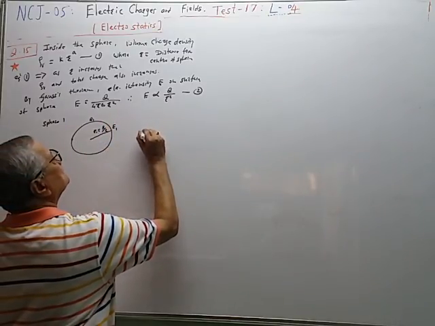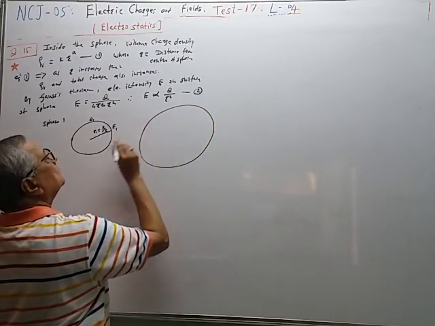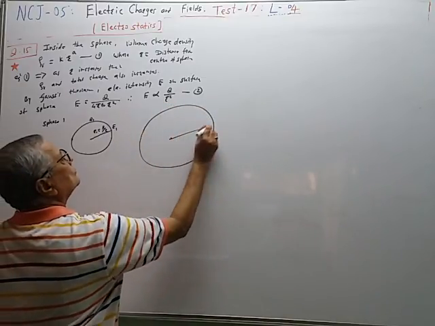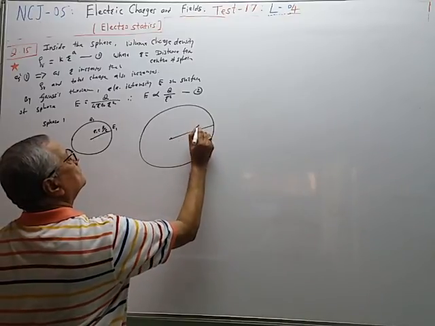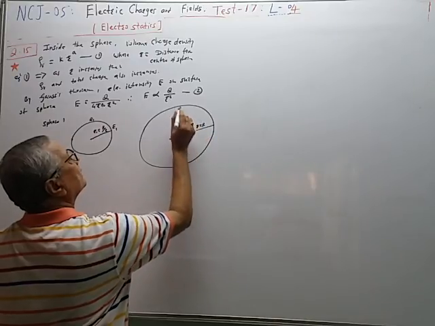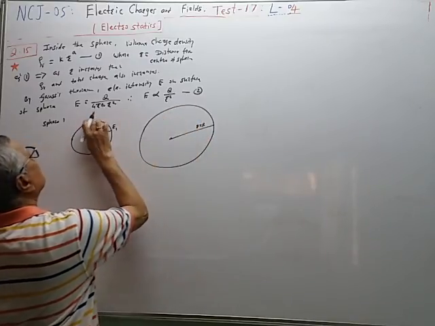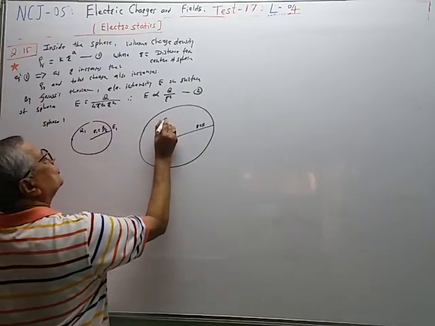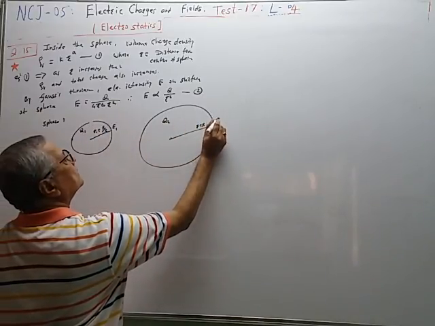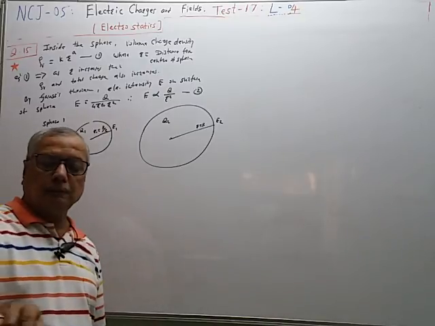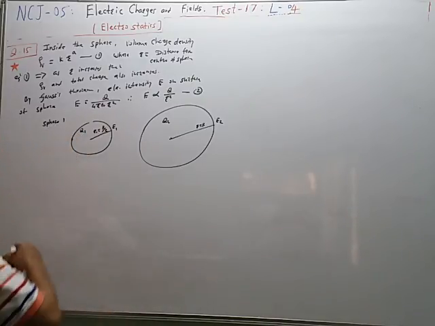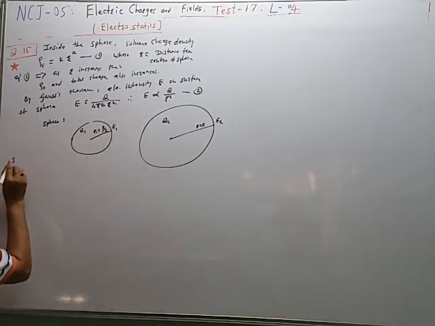This is the second sphere, radius R2 equal to R, total charge Q2, electric intensity E2. Like this. So, what to find? Q1, Q2.